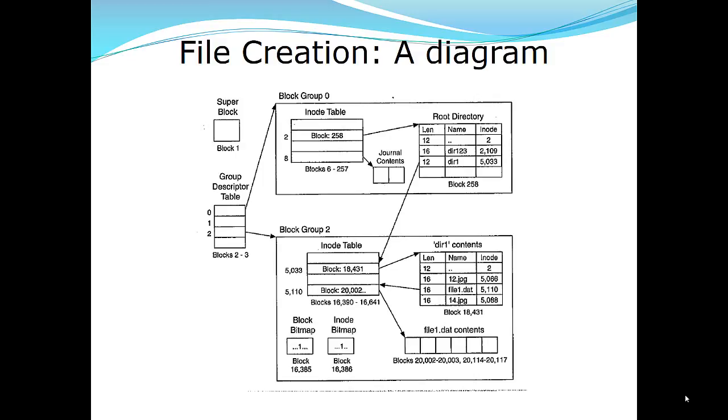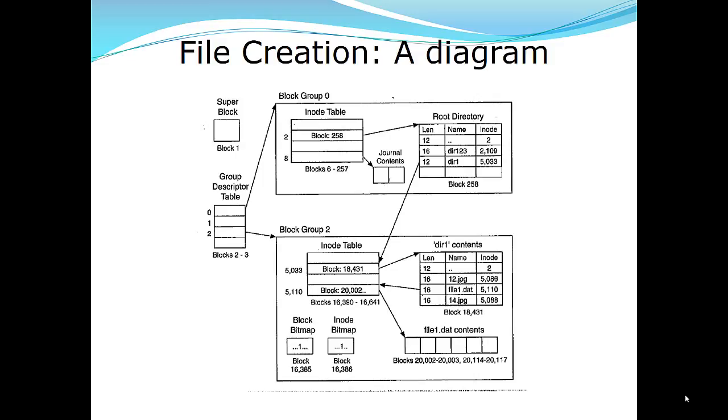So each block group has an inode table. Okay, and then there is some sort of content, whether it's a root directory or the actual contents of a file or whatever it turns out to be. In addition, you'll see in block group 2 there's the block bitmap and the inode bitmap.